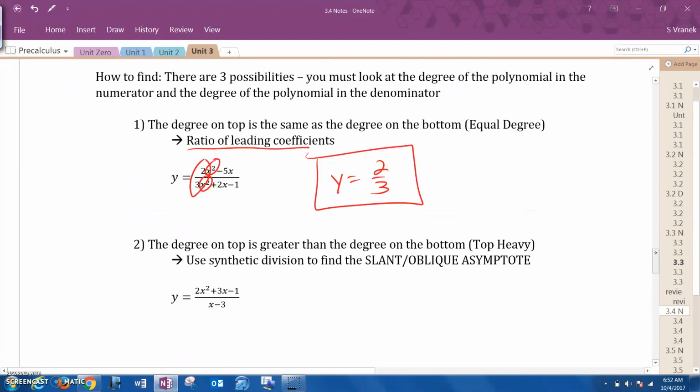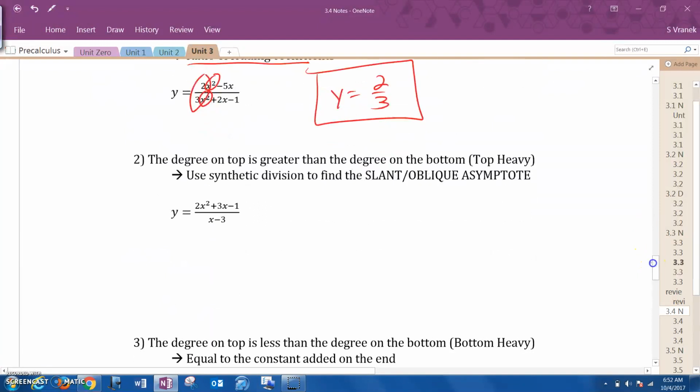If the degree on top is bigger than the degree on bottom, such as this one, we're going to use synthetic division to find the actual asymptote. So this is what I'm dividing by, which is a 0 of 3, and I'm dividing this top quadratic, 2, 3, -1.